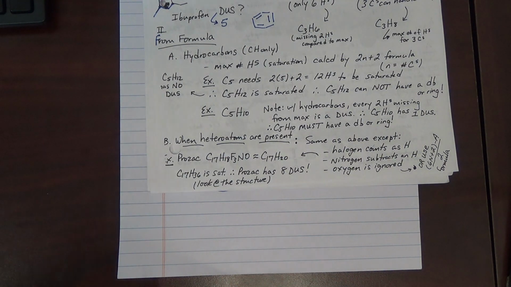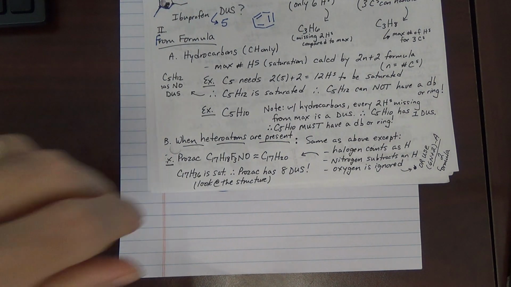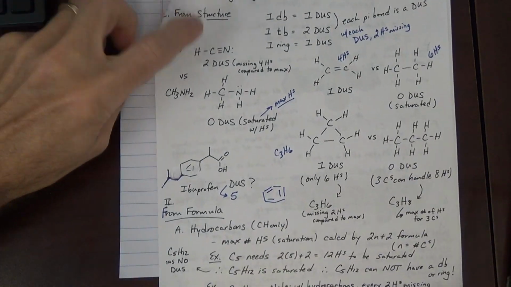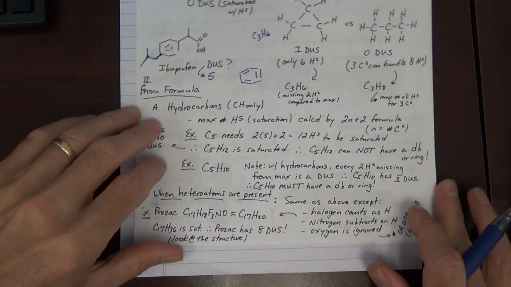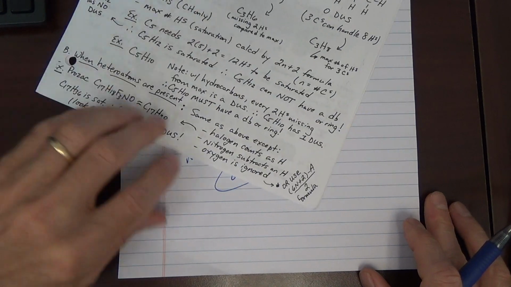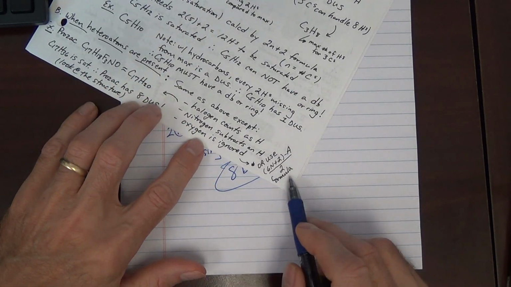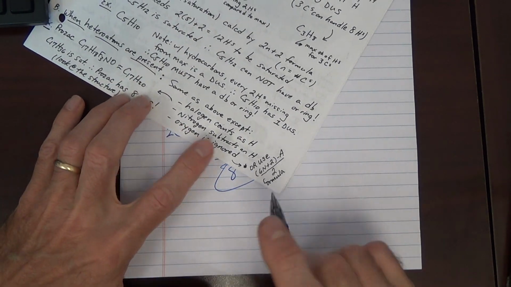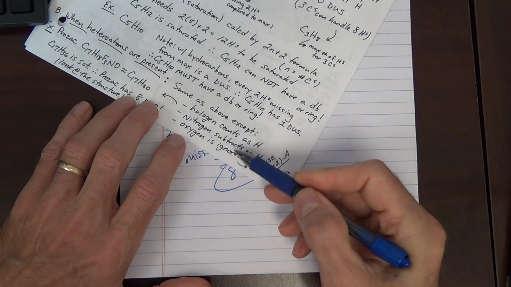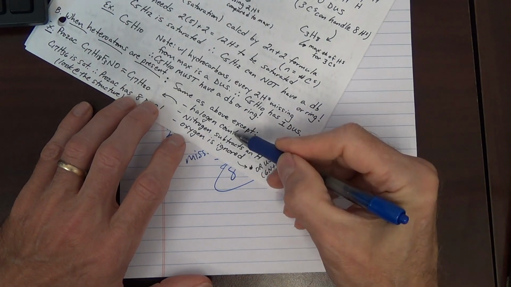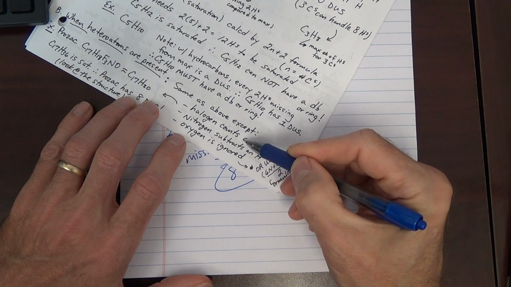Okay, so that's DUS. Very powerful, as hopefully I have showed. You can determine it from either structure or formula. Now, there is another formula out there where if you forget these things, how do you count a halogen? And by the way, sometimes you can get confused here. I've seen students go the wrong way.